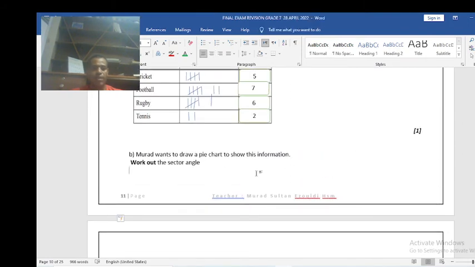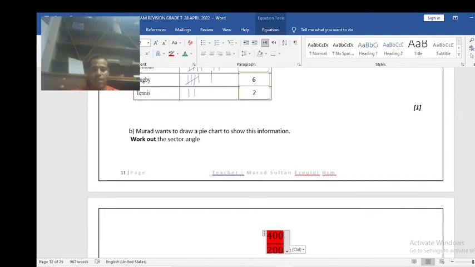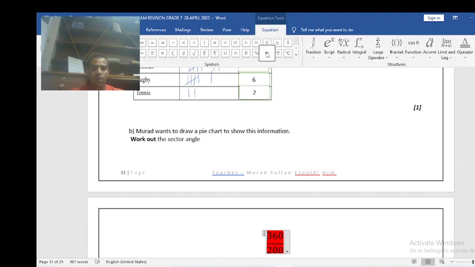I will write here the answer. So I will make 360 degrees divided by the total, which is 20.